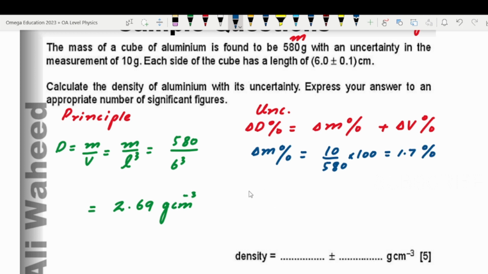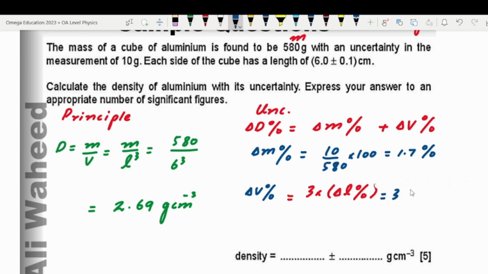Now what is the percentage uncertainty in volume? The percentage uncertainty in volume would be calculated by rule number 4, because you have L cubed, the cube of length, so that'll be 3 times the percentage uncertainty of L. Scroll up, go to the rule number 4 and check it out there.